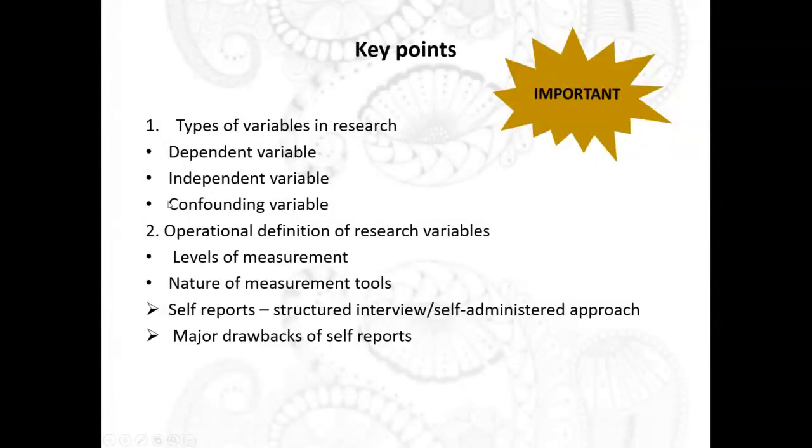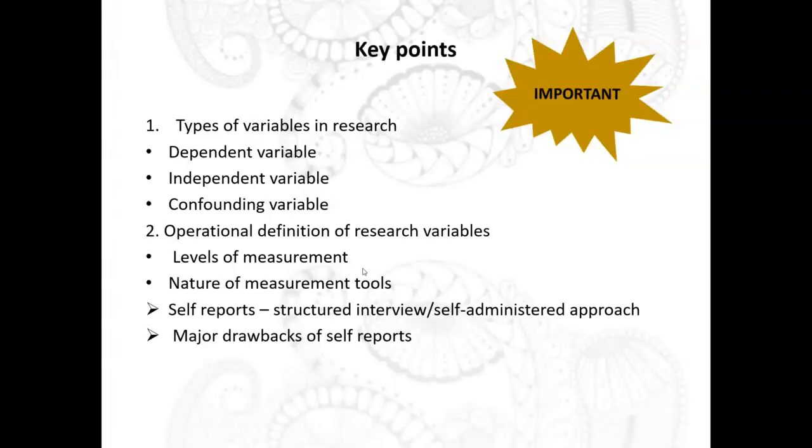Okay, key points for these lectures. You must be able to differentiate dependent, independent, and confounding variables. These are three major variables in all research. And also the operational definition, that is how we measure research variables. There are 4 levels of research measurement. Which level your research variable belongs to all depends on the measurement tools.